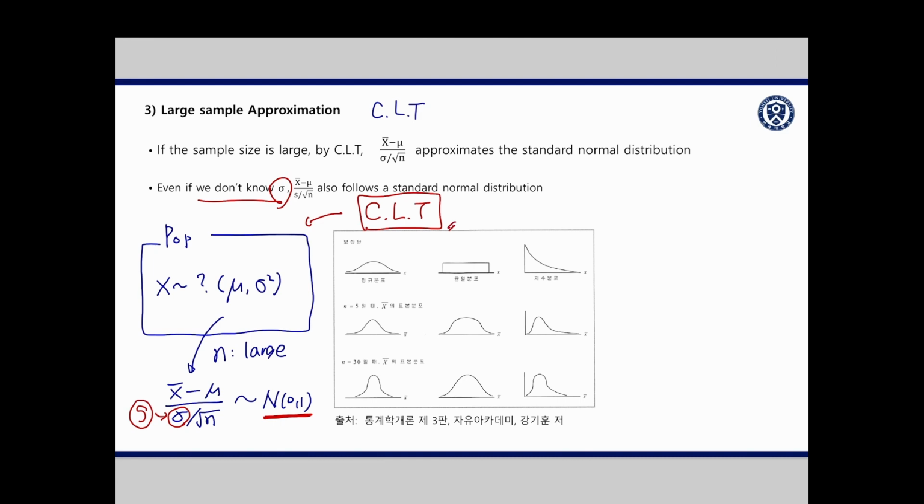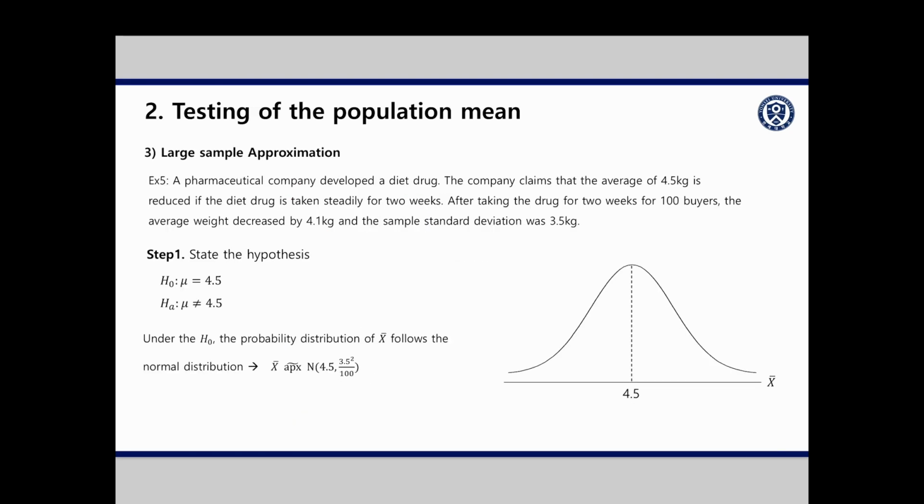So let's apply this to hypothesis testing. Let's look at example 5. This is an example related to the weight loss caused by the diet drug that we discussed earlier.